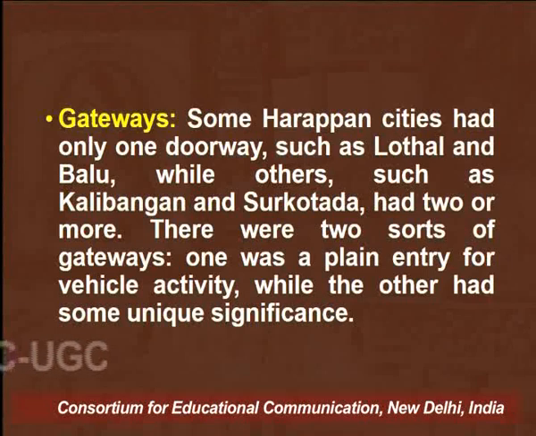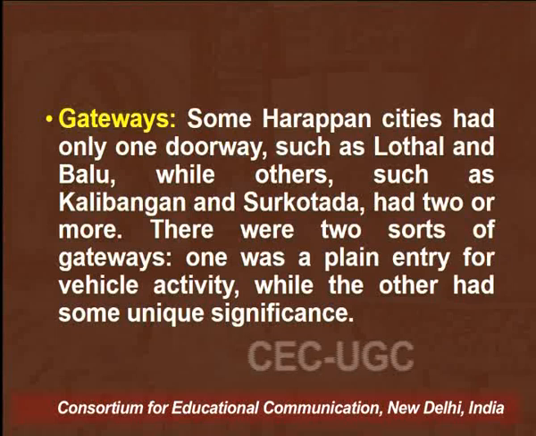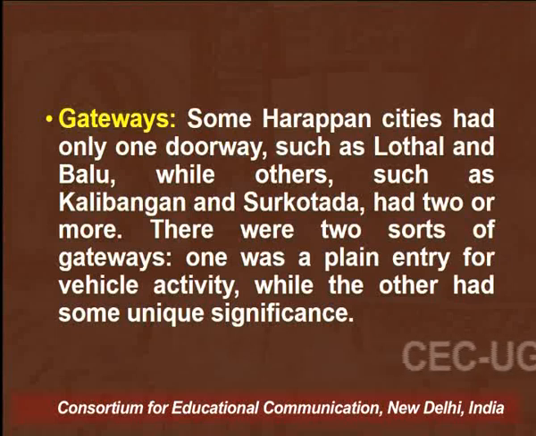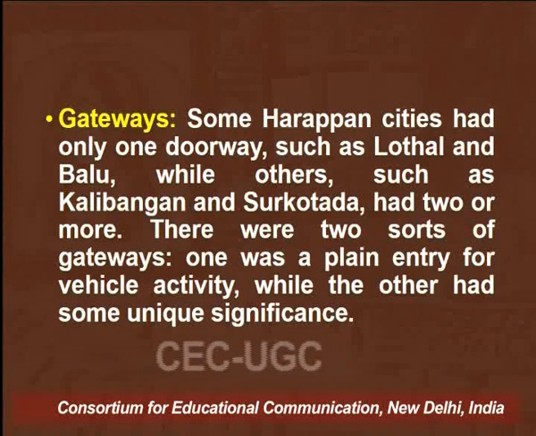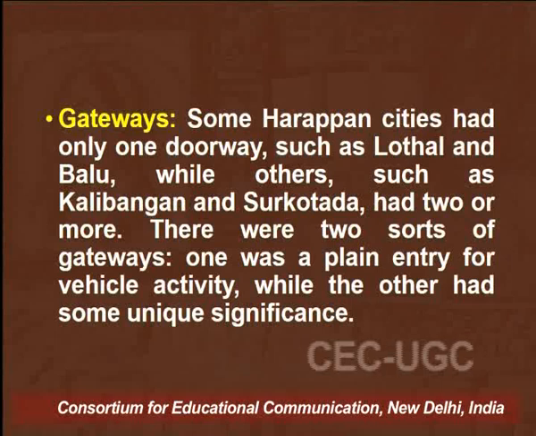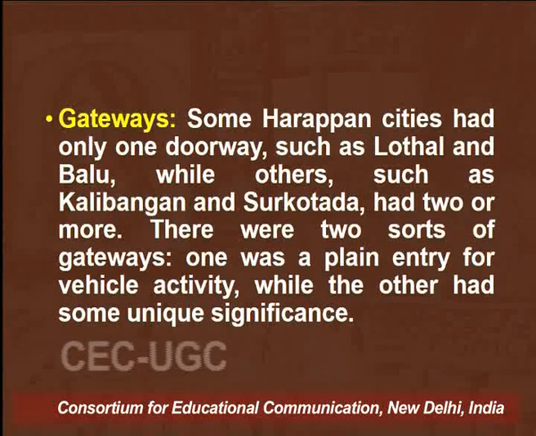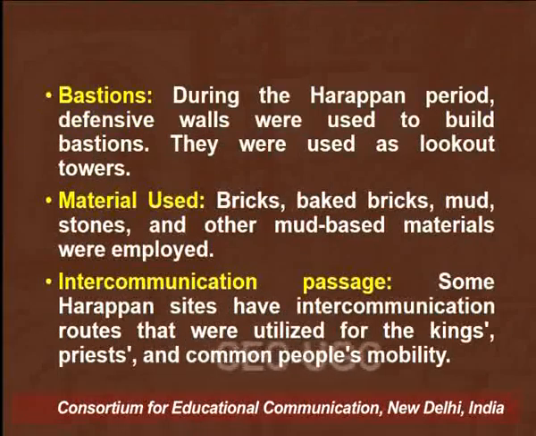One was a plain entry for vehicle activity, while the other had some unique significance and usage. Now this kind of an entry point which was specifically earmarked for vehicle activity kind of conveys the importance of trading activities, exchange, etc. in this civilization.